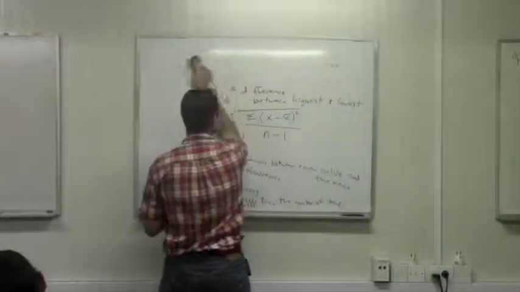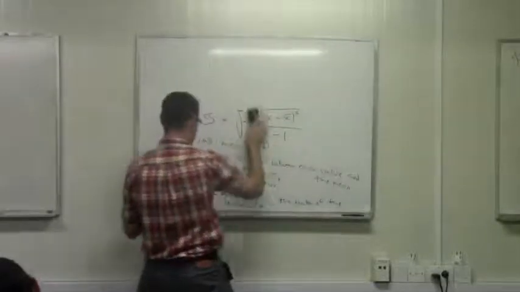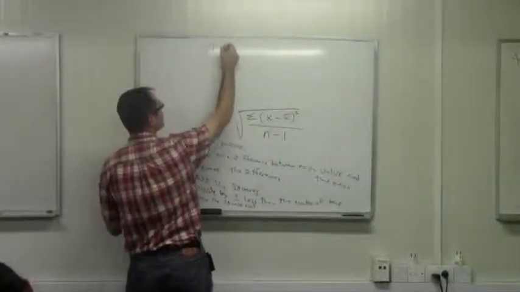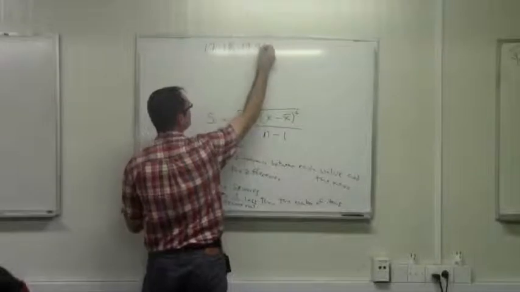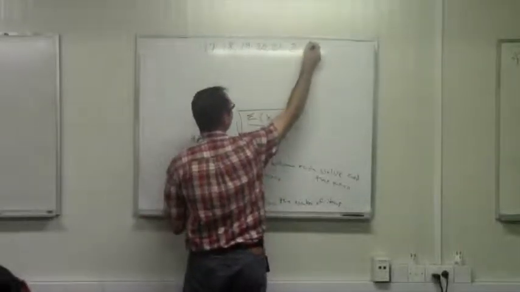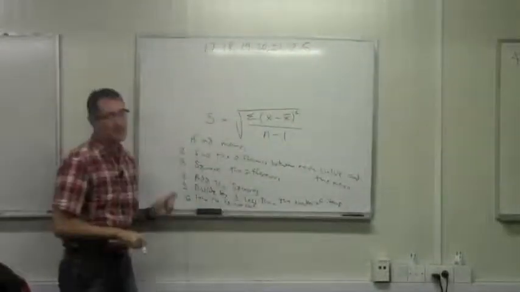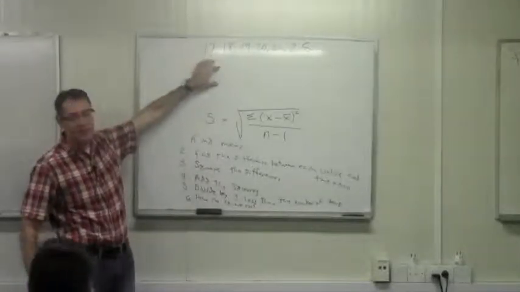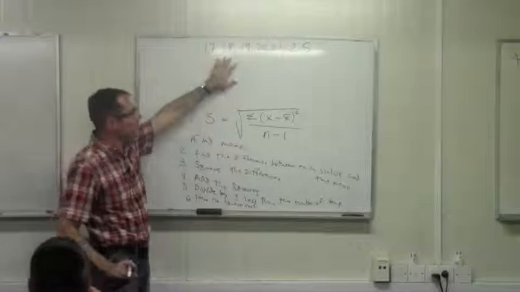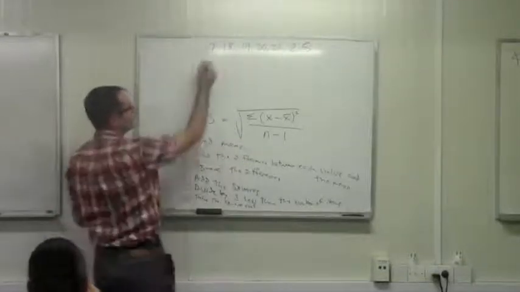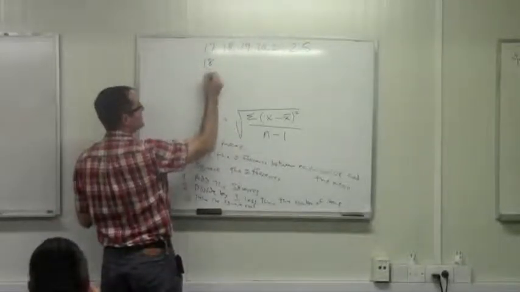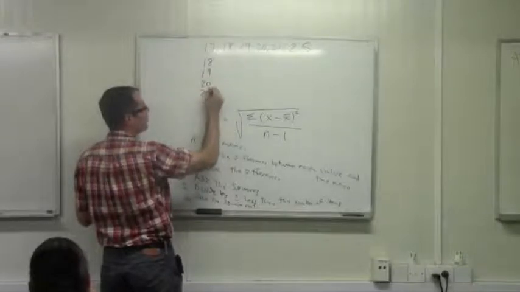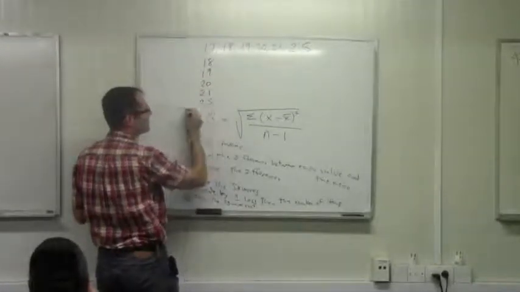Let me write those down. One of these is not like the other in terms of its sequence, right? Let's find the standard deviation for each of these. In fact, it's probably better to write them down, so I'll do that. 17, 18, 19, 20, 21, 25.